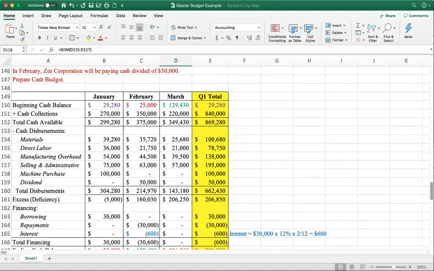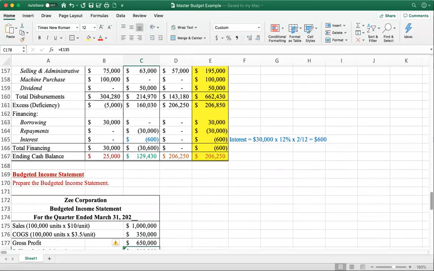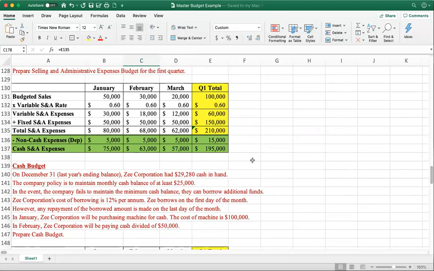So if the unit cost is $3.50, we multiply by the number of units sold, we get $350,000 cost of goods sold, which we can subtract from the sales, we get gross profit of 650,000. Then we have selling and admin that's coming from your selling and administrative expenses budget, 210,000, and that's the accrual basis selling and admin expenses, total selling and admin, 210,000.